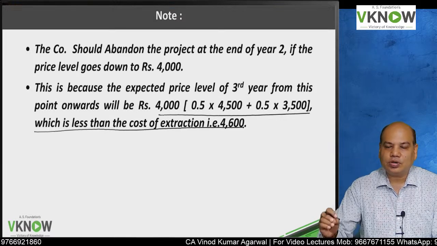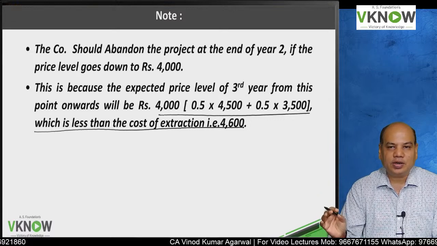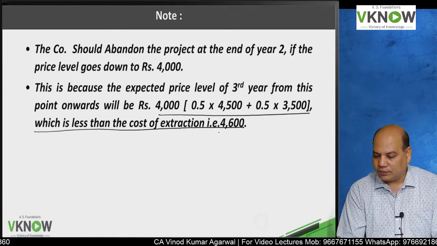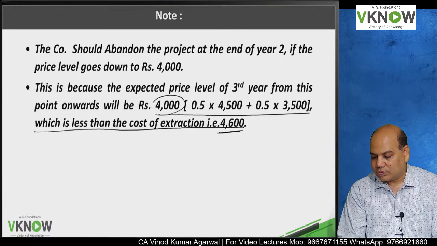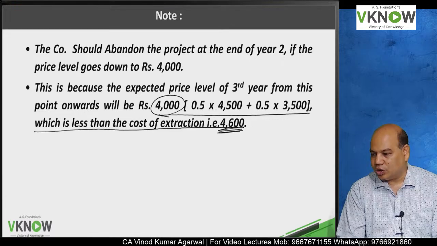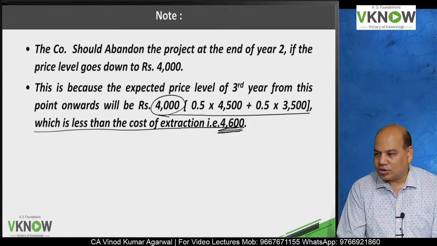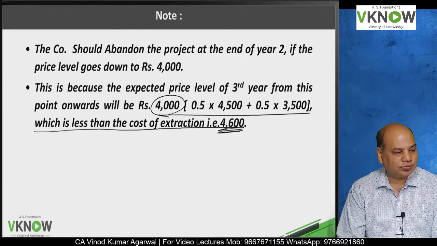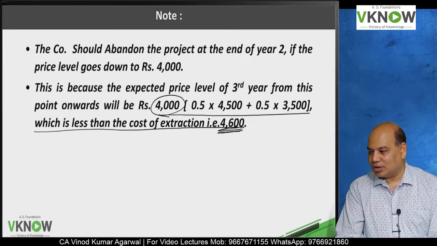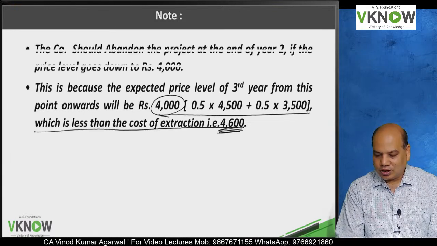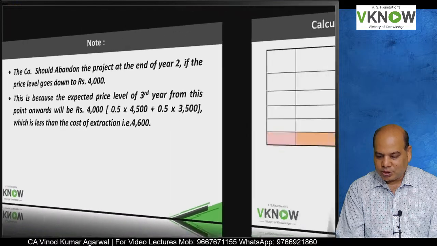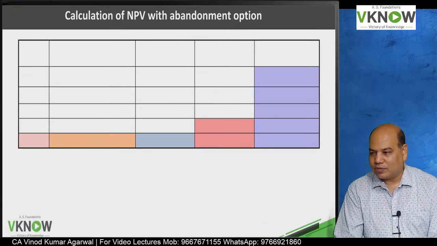So one thing is sure, we must abandon the mine after year 2 if we get 4,000 rupees, because there is no point in continuing knowingly that there will be a loss. Yes or no? Yes.